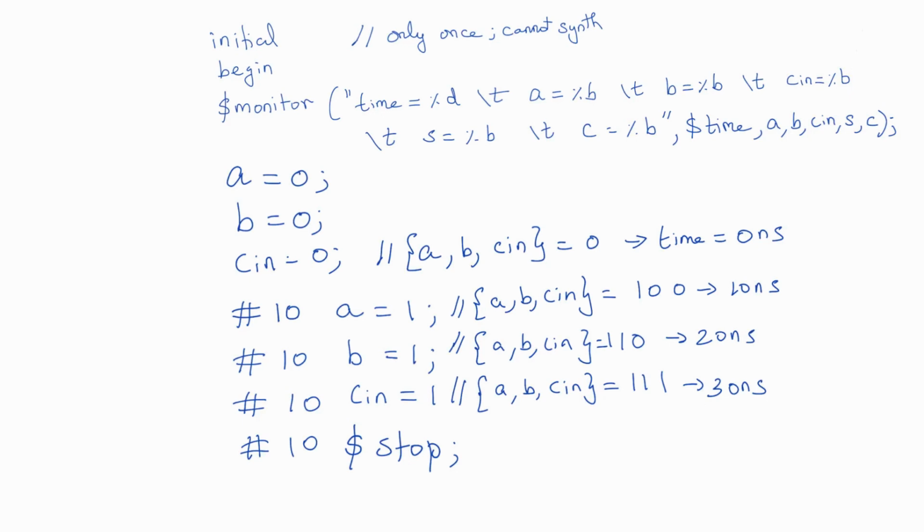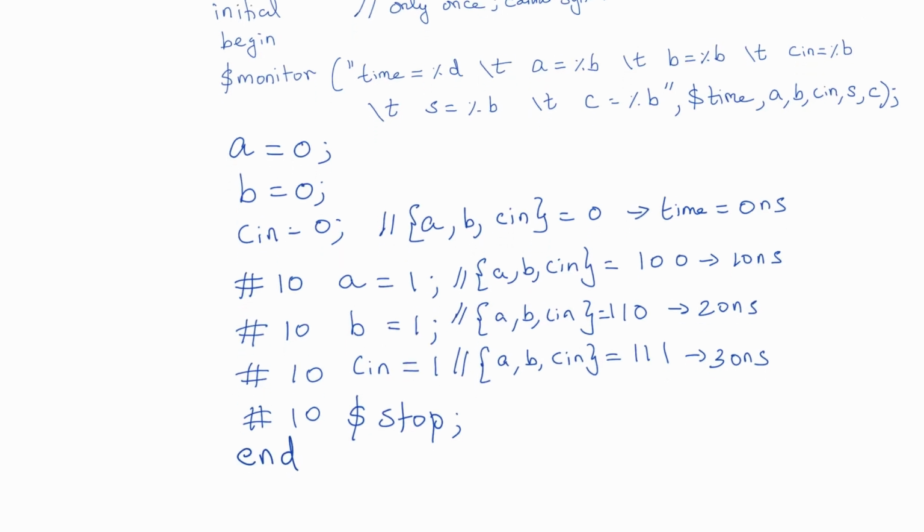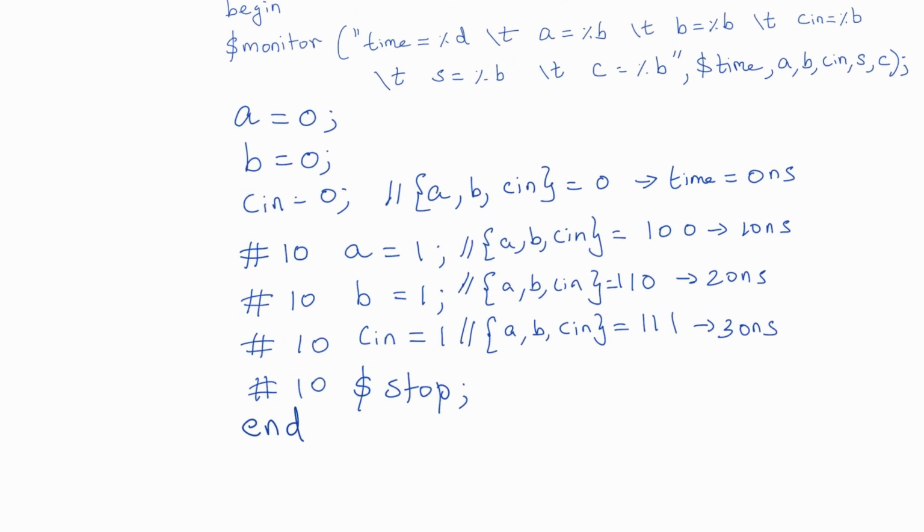If you give $finish, you will exit simulation. But if you give $stop, you can suspend. And if you're using a waveform window, you can still view the waveform. So it won't come out of the waveform. And now we can close the initial block, the begin and end combination. And then we can end our module.